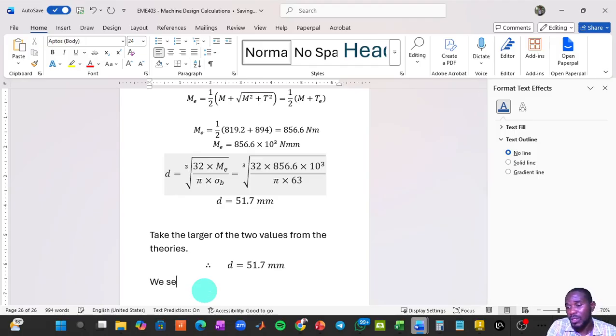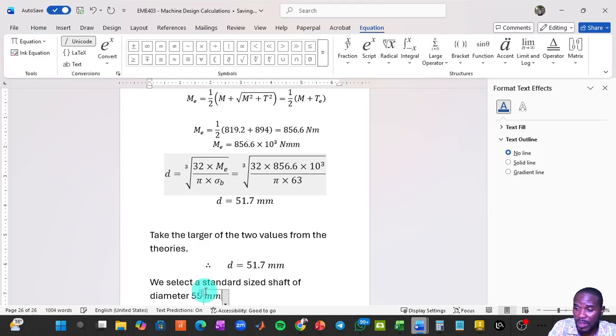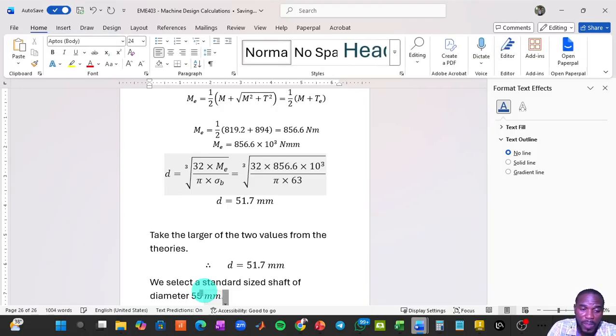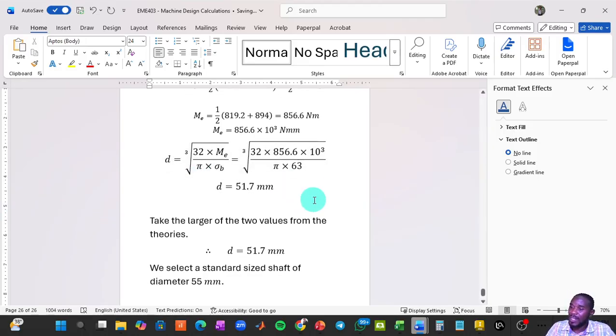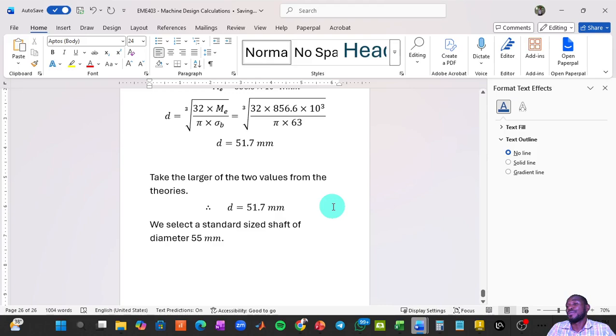We select a standard sized shaft of diameter. What's the standard size of shafts above D? It's 55, so 55 millimeters. Okay, and there we go. We have answered that particular question.